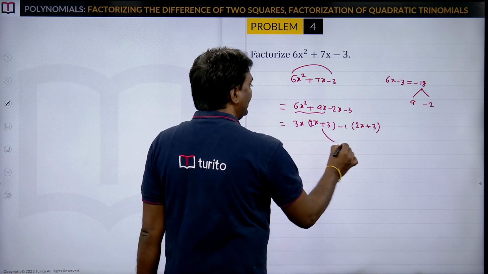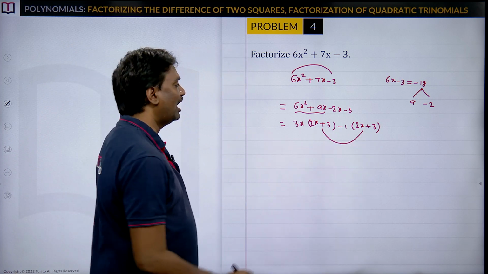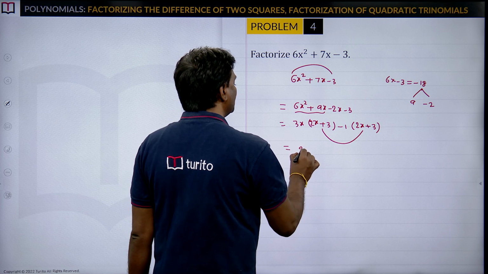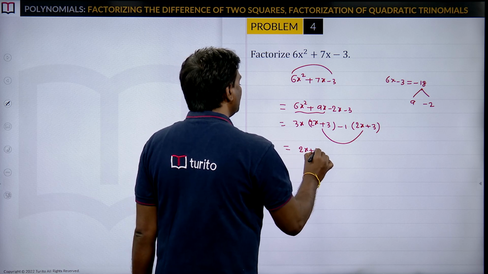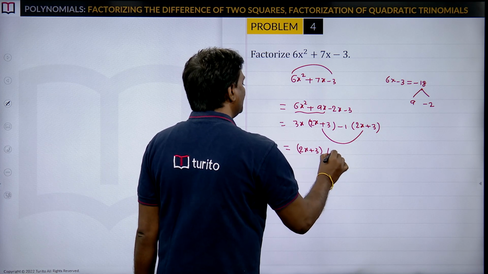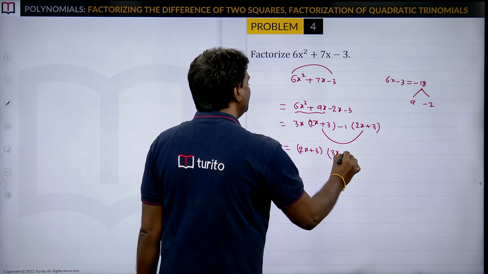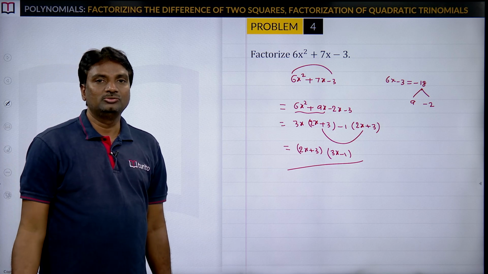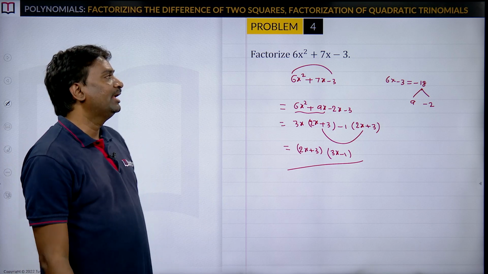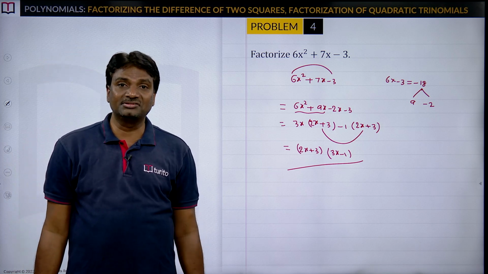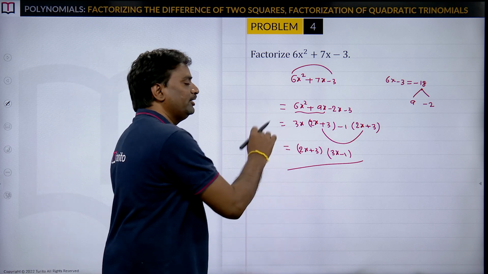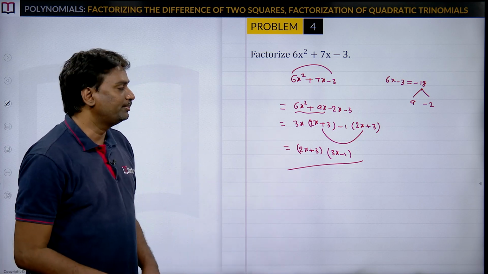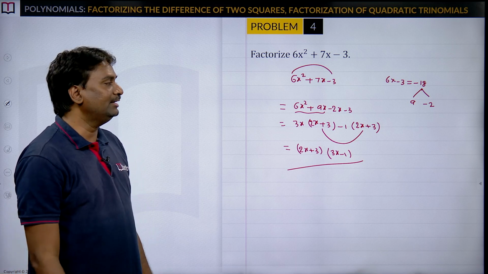So, now by taking this 2x plus 3 as common, we will get 2x plus 3 into 3x minus 1. So, we can express the given polynomial 6x square plus 7x minus 3 as the product of two polynomials like this, 2x plus 3 into 3x minus 1.